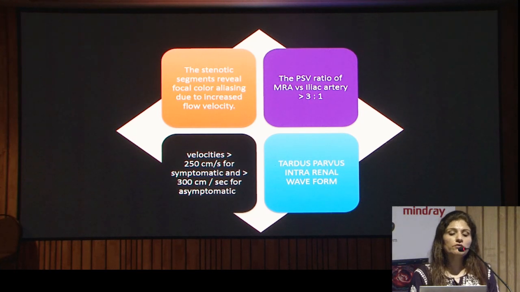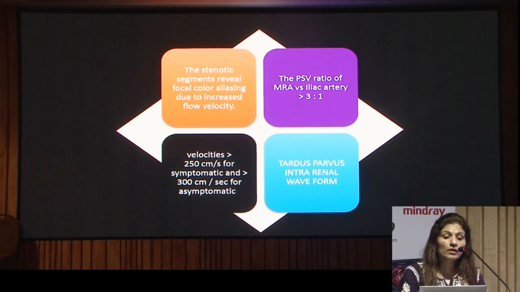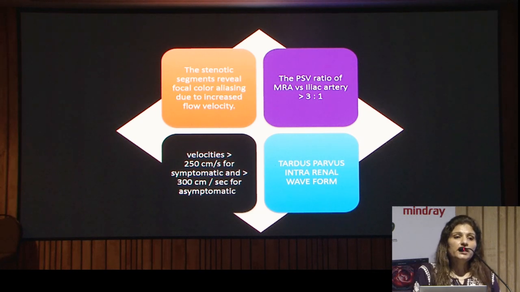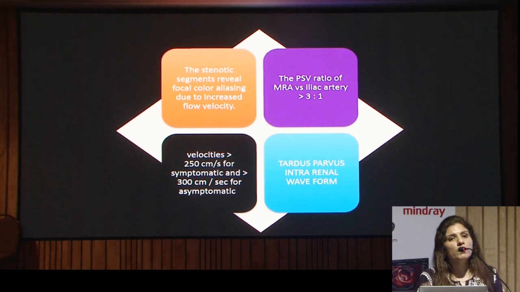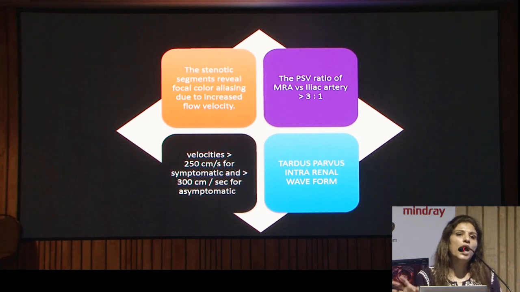Another very important thing we need to see is the PSV ratio, which most of us do not look at: the PSV ratio of the main renal artery versus the iliac artery. If this ratio is more than 3:1, that clearly indicates that we are dealing with renal artery stenosis, because usually the renal arteries, being a bit tortuous, do show a high PSV.